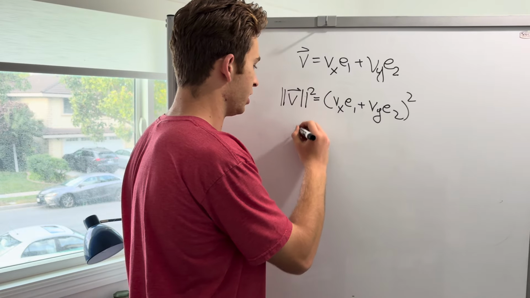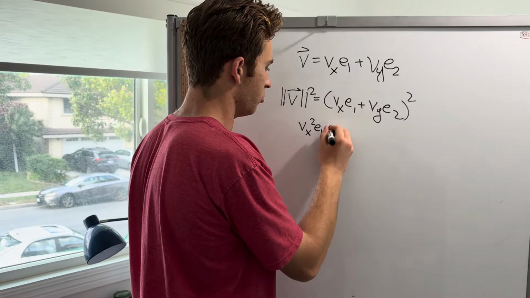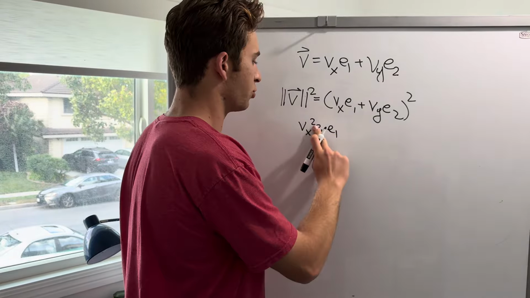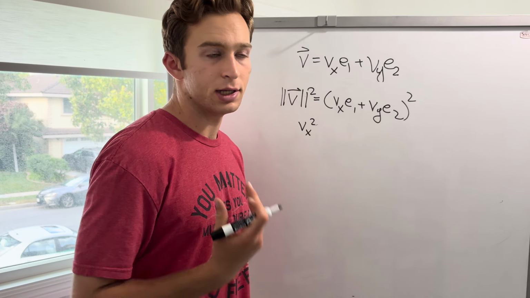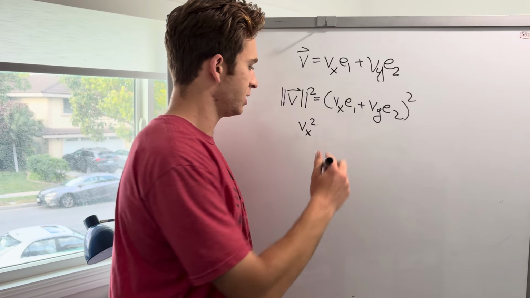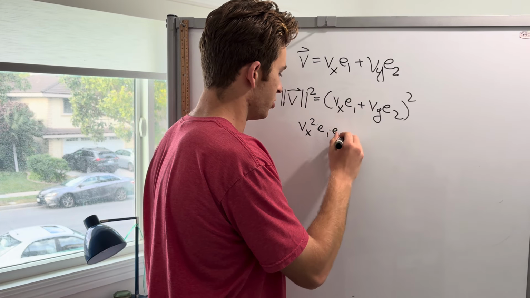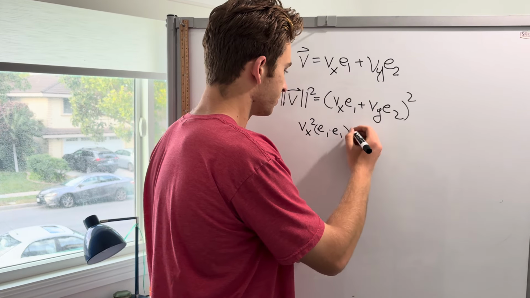And what you'll end up getting is vx squared e1 dot e1, which is just 1, because obviously any vector dotted with itself is, actually, I'm sorry, it's not 1. You get vx squared e1 dot e1. Forget what I just said.